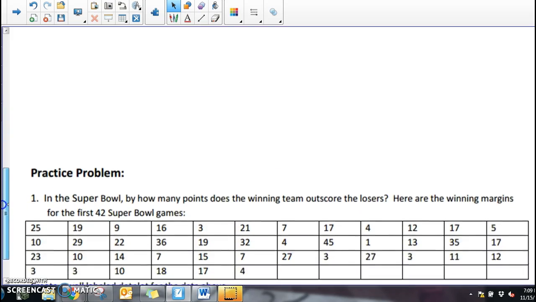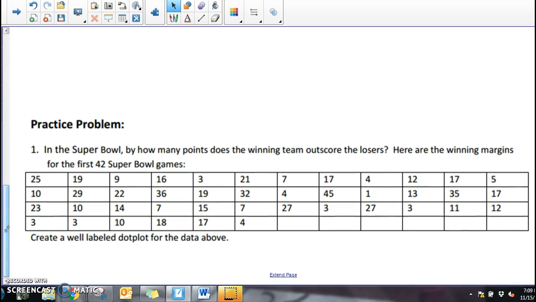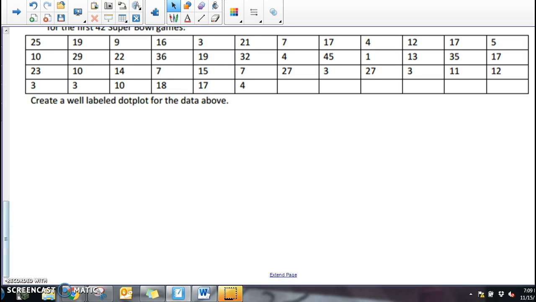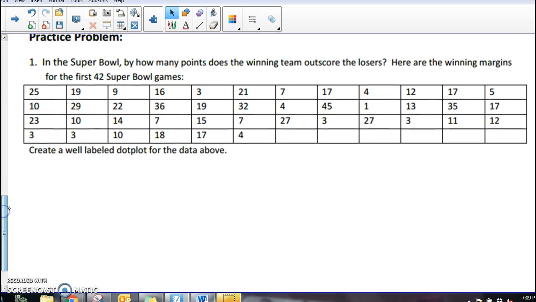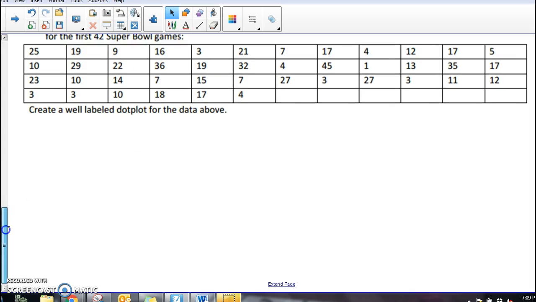So we have one that we are going to practice. This one says, in the Super Bowl, how many points does the winning team outscore the loser? Here are the winning margins for the first 42 Super Bowl games. So we're going to draw our horizontal line.